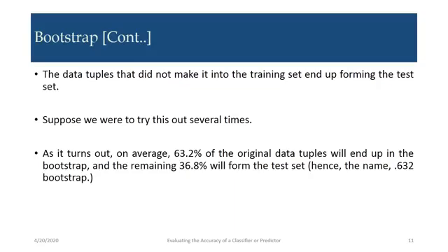As it turns out, on average 63.2% of the original data tuples will end up in the bootstrap sample, and the remaining 36.8% will form the testing set. That is why the name is 0.632 bootstrap. Why it is 63.2% we will discuss in a later slide.